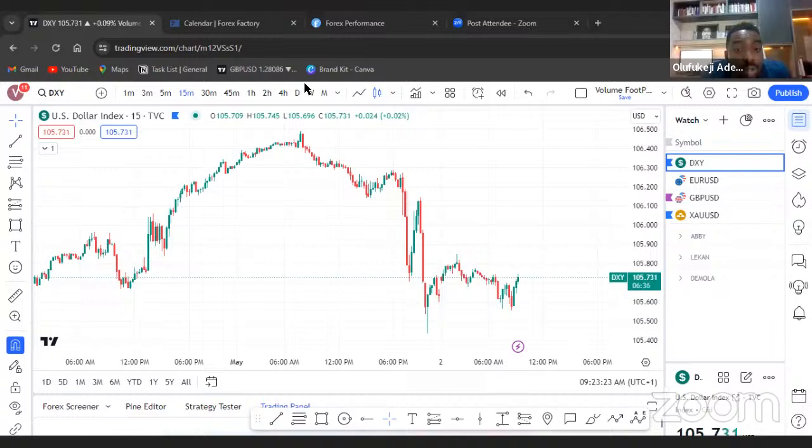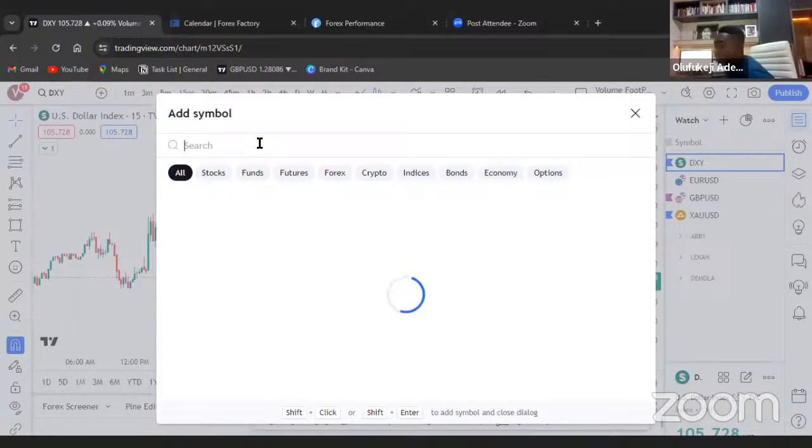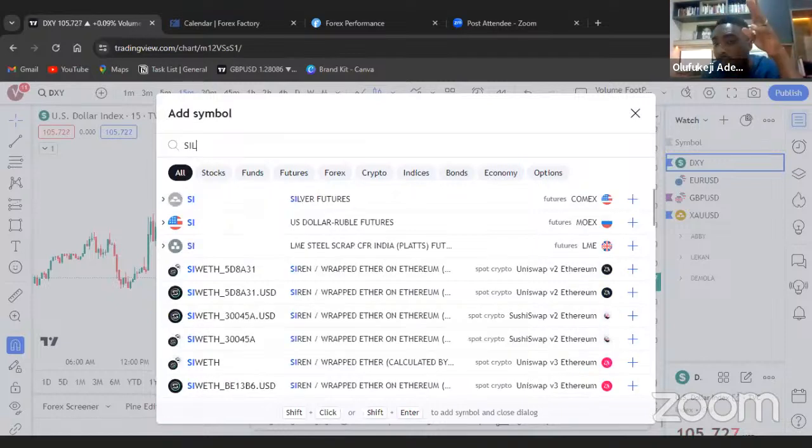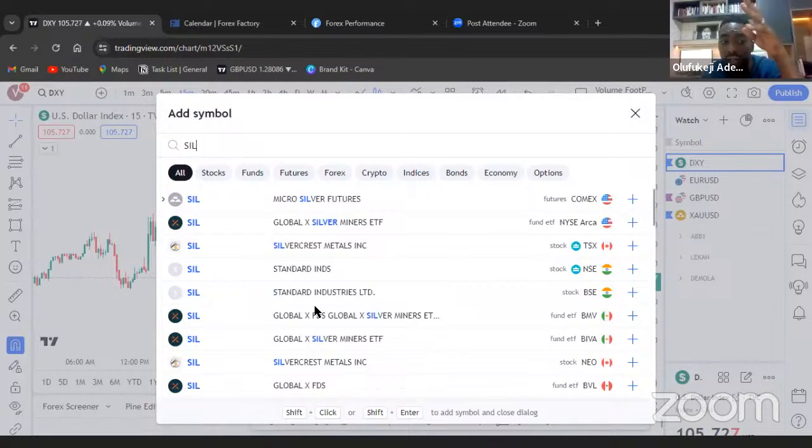Whatever you want to do, let's look at silver, let's look at gold. Leko, please, if you can give us silver, and just look at gold and silver. The spread on those guys, on all the commercial metals, or industrial metals.